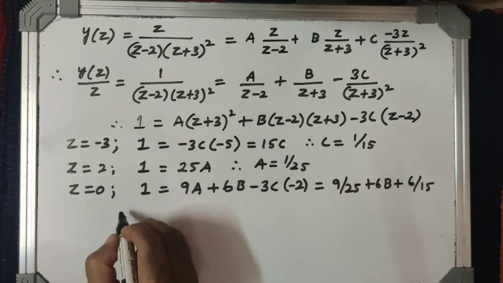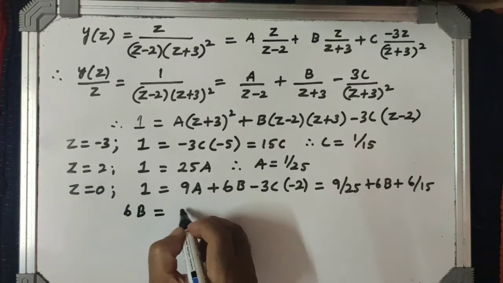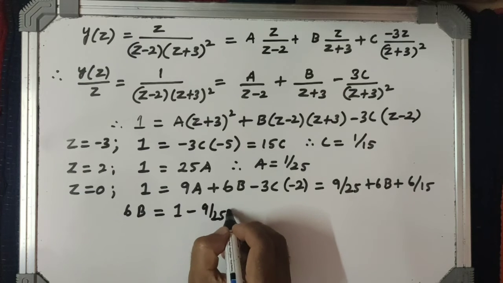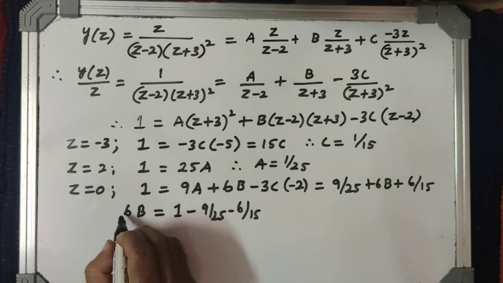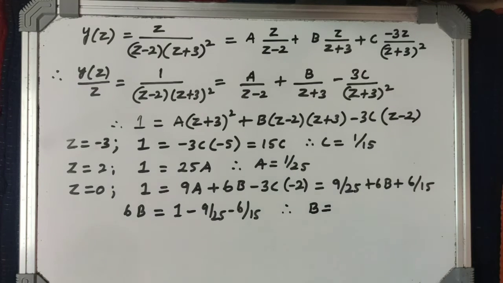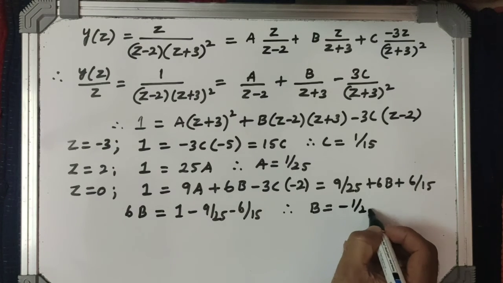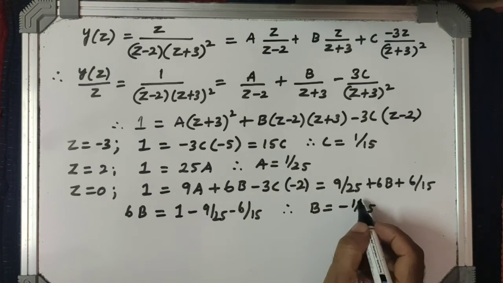So 6B will be equal to, bringing this to the other side, 1 minus 9 by 25 minus 6 by 15. If you simplify this, you will find B is equal to minus 1 by 25.